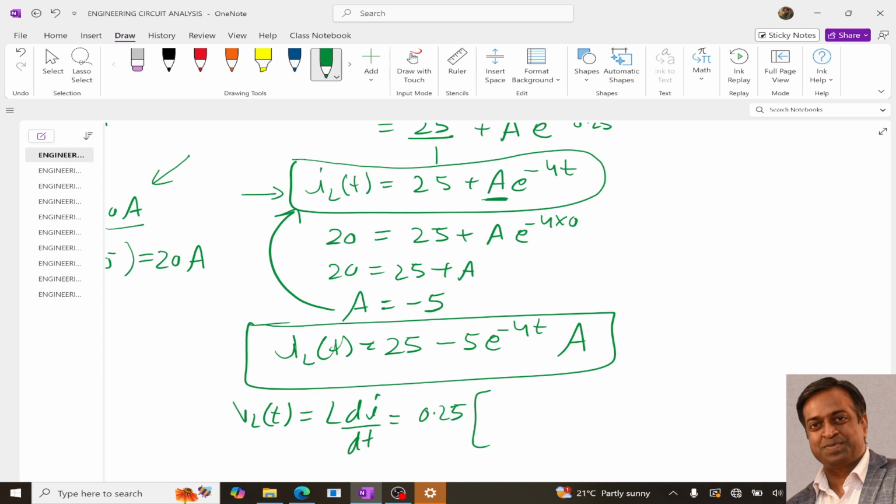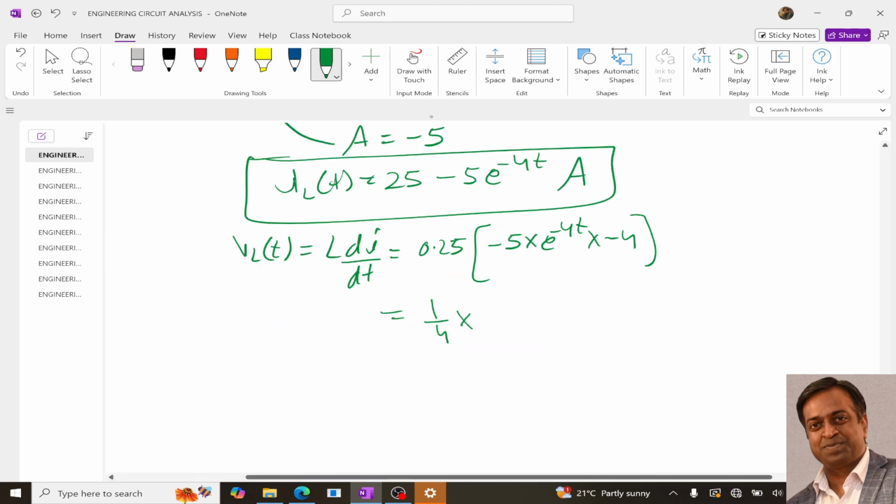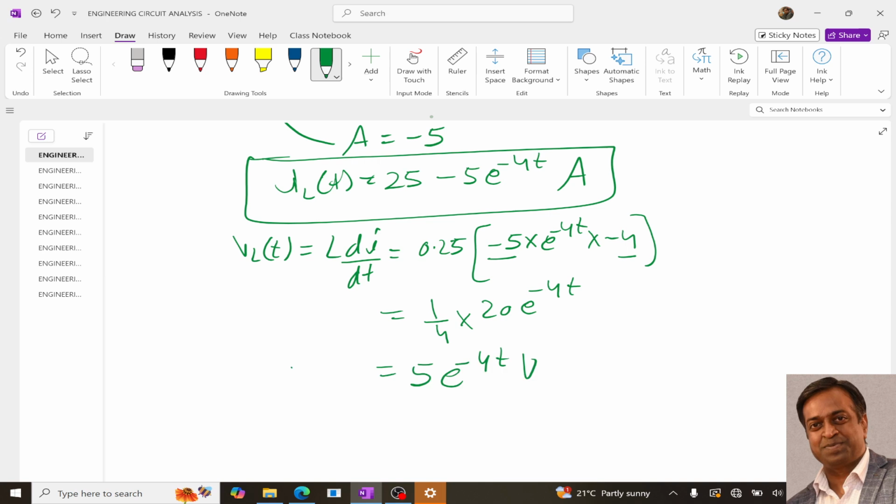The constant 25 gives 0, so minus 5 into e power minus 4t into minus 4. From this, 1 by 4 into this becomes 20 e power minus 4t. So we will get 5 e power minus 4t volt. So our v_L(t) is equal to this.